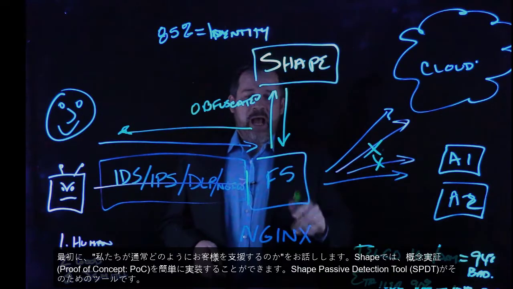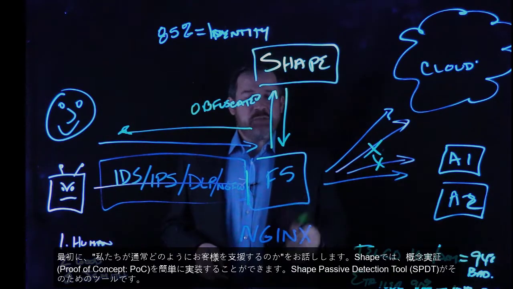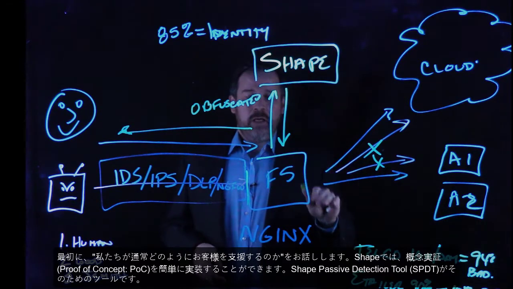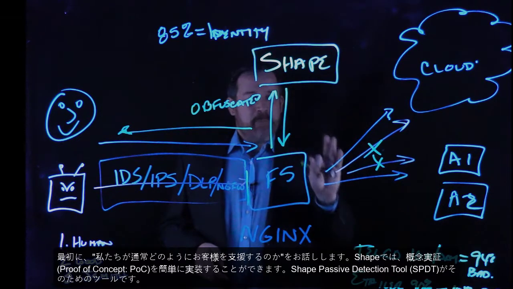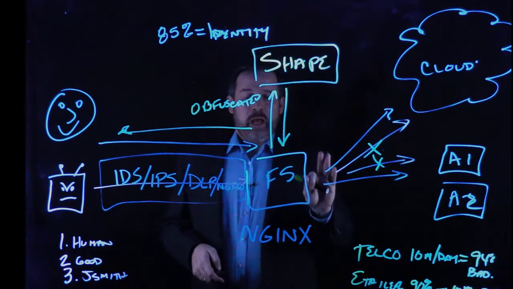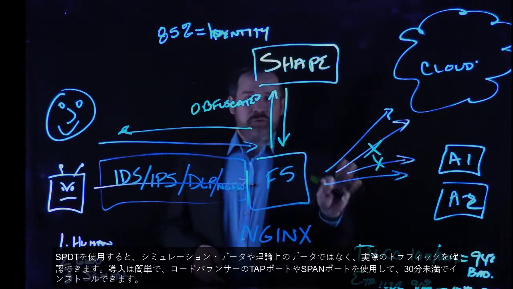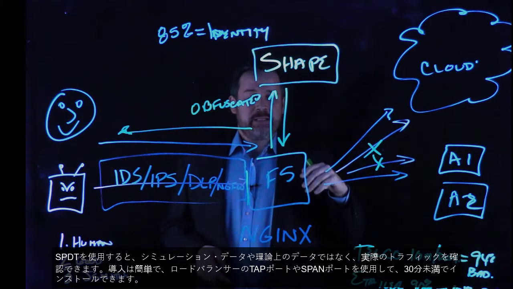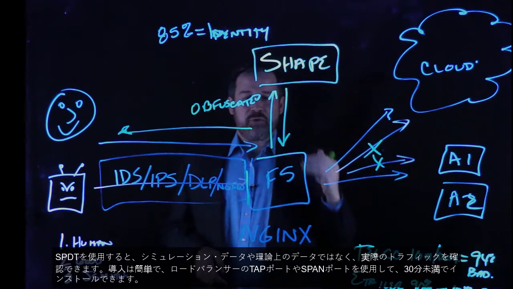So how we normally begin with a customer is we do an easy-to-implement proof of concept. We implement the Shape Passive Detection tool, and this will allow you to see your actual traffic. It's not simulated traffic, it's not theoretical data, this is your actual traffic.